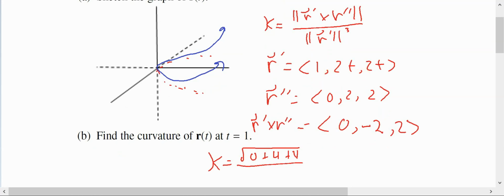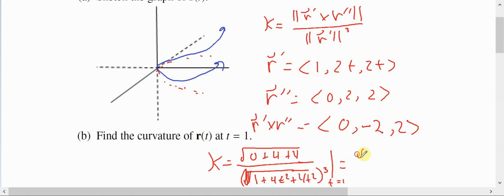And in the bottom, it's going to be the square root of the magnitude of this vector, which is 1 squared, so square root of 1, plus 2t squared, that's 4t squared, plus 4t squared, and then I do have to cube that. Okay, and then I'll plug in 1 when I'm done.